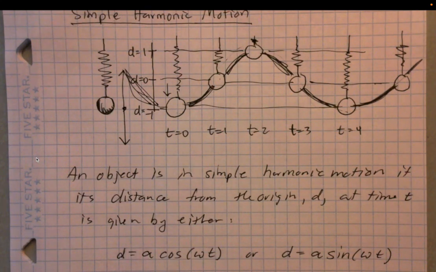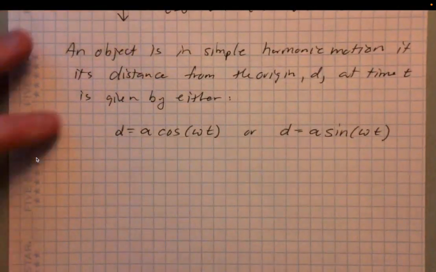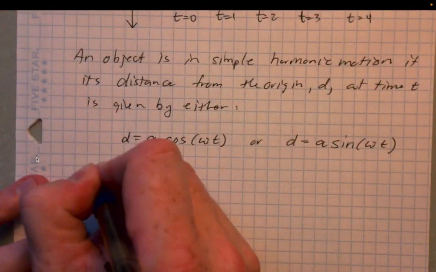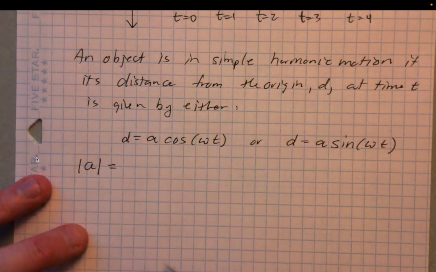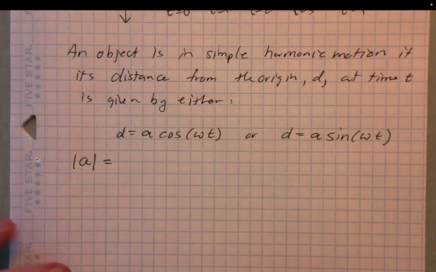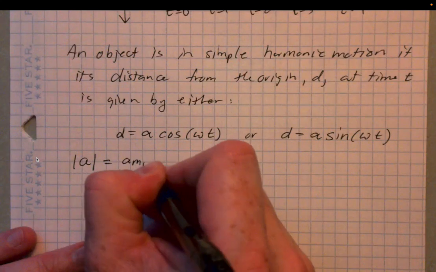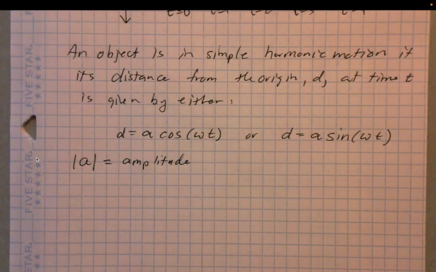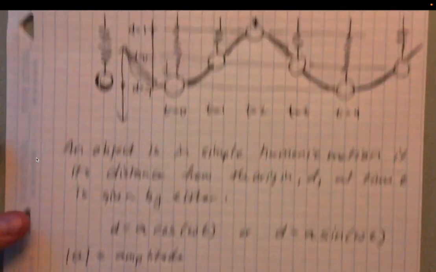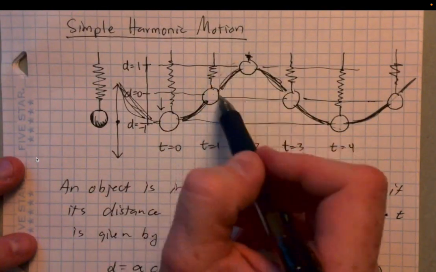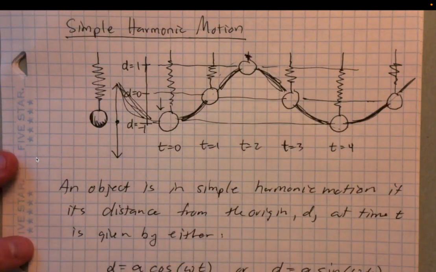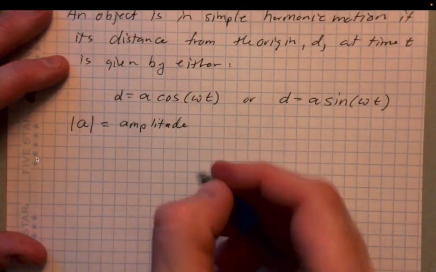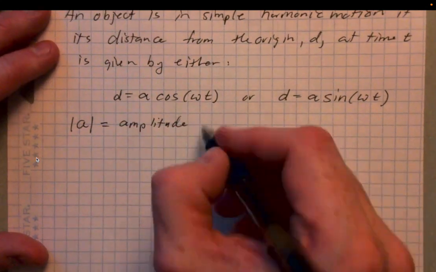Now if we look at these formulas a little closer, we know from our section on graphing these that the A here is the amplitude of the sine or cosine graph. It's how much the function is stretched above or below 1. Okay, and so that's the amplitude, and we also know the period.